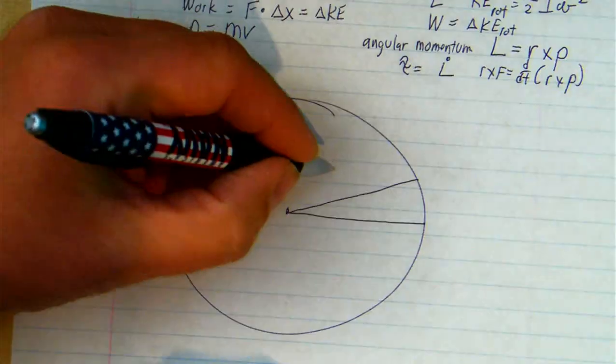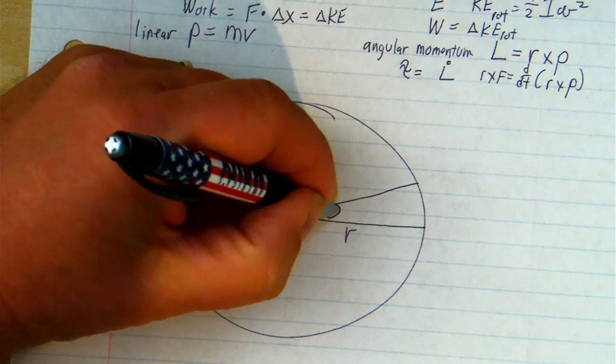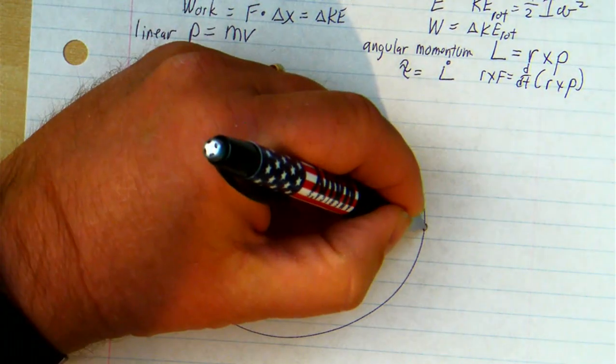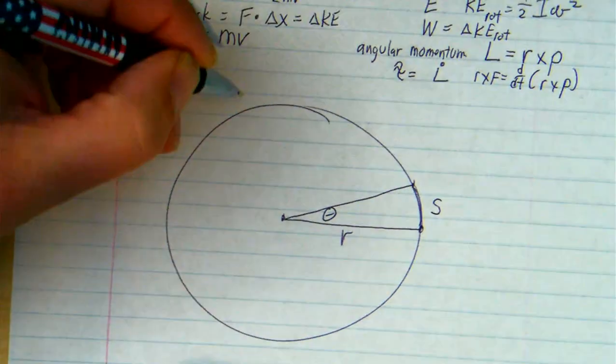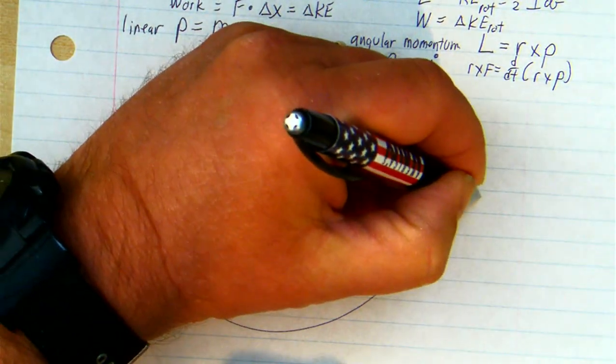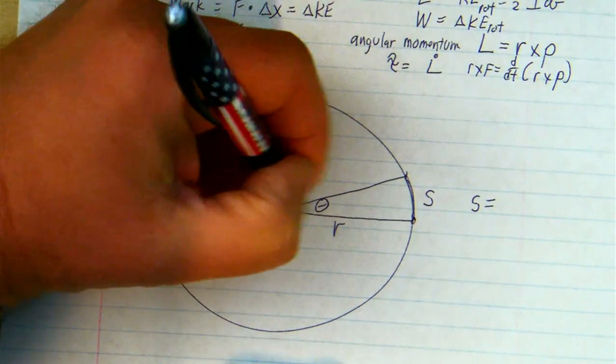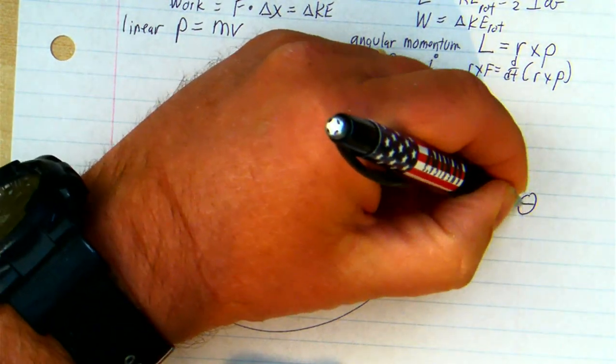Here I have a circle of radius r, of course, and this is angle theta, and I go from here to there, and this arc length is s. You might remember from math class, perhaps, S is the product of r and theta.